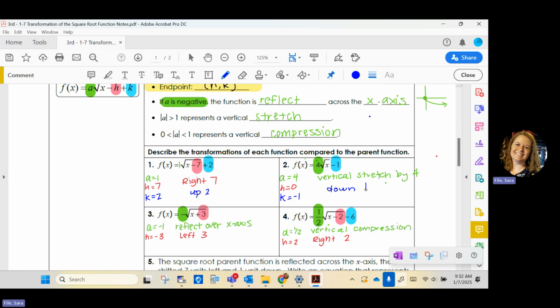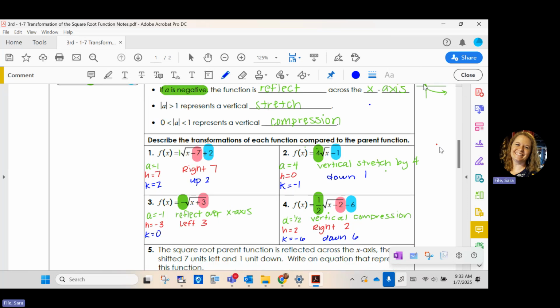There's nothing I highlighted in number 3 because there's nothing outside that radical being added or subtracted. So your K is an understood 0, so this graph does not shift up or down. It stays where it is vertically. And then your K here is a minus 6, which means down 6. You'll feel okay about describing those transformations?